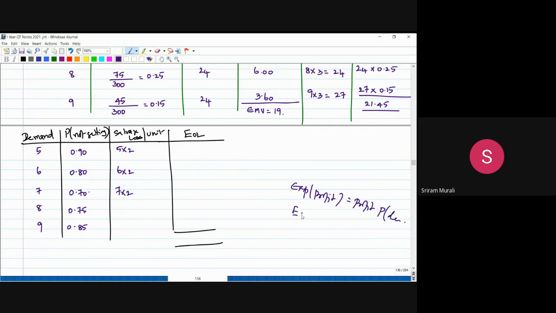If I talk about loss, it is loss into the chance of not meeting the demand. Therefore, it is 10, 12, 14, 16, 18. Hence, multiply these: 10 into 0.90, 12 into 0.80, 14 into 0.70.